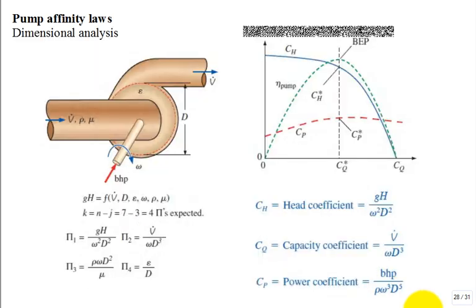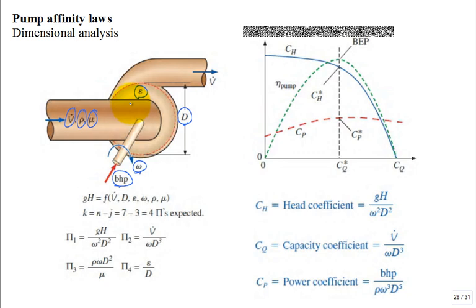So when you take a look at a pump, let's think about, if I'm interested in predicting the brake horsepower, well, that's going to depend on the rotational speed of the shaft. It's also going to depend on the volumetric flow rate, the density of the fluid, the viscosity of the fluid, the diameter of the impellers, and some surface roughness with the material that makes up the impeller in the volute region, in the casing.